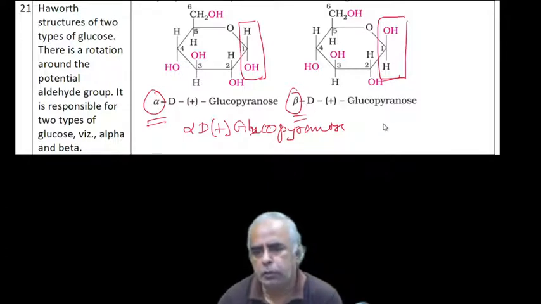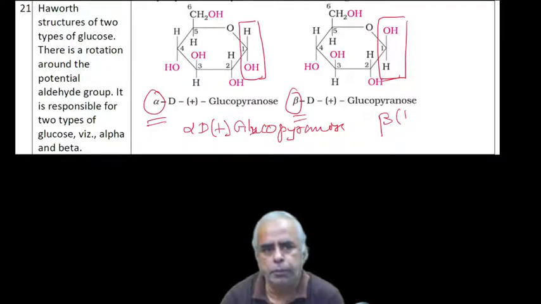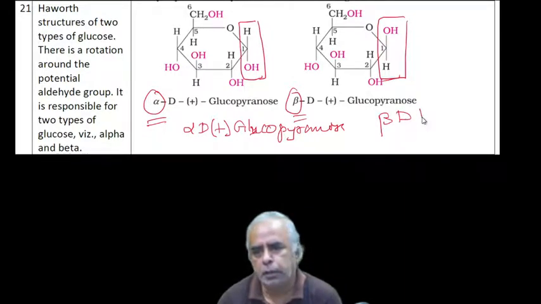Similarly, beta. So beta, don't put hyphen, better put D or D plus, beta D plus glucopyranose, or you will follow pyranose.